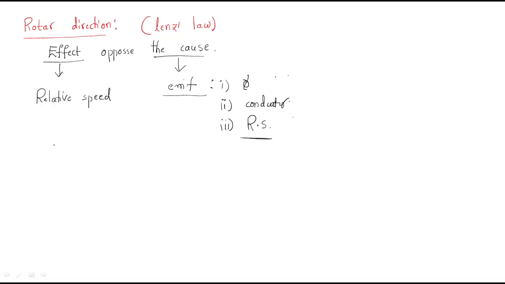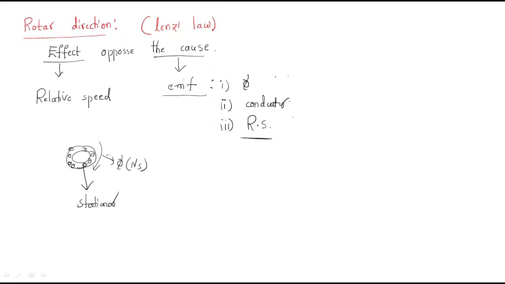So by producing the EMF, it tries to decrease the relative speed. Initially the rotor is stationary, no rotation, and the flux rotates with synchronous speed.